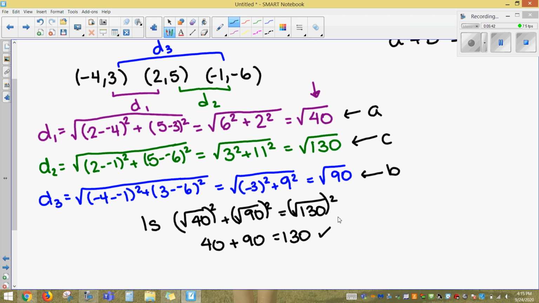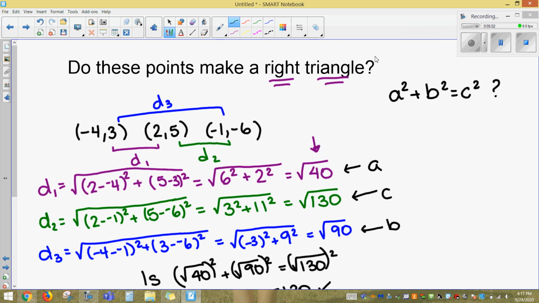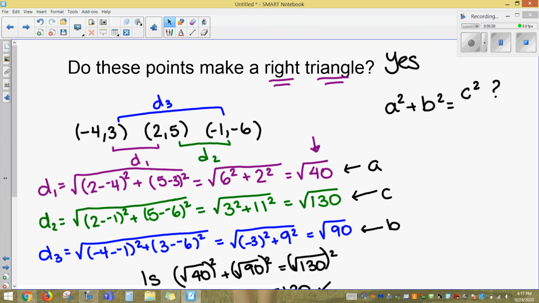All right, so since this relationship was satisfied, we say these 3 points up here do make a right triangle. Make sure that you give me the word yes or no, or say right triangle or not a right triangle at some point in your problem when you're doing these out of the book. So we would say yes, these make a right triangle.